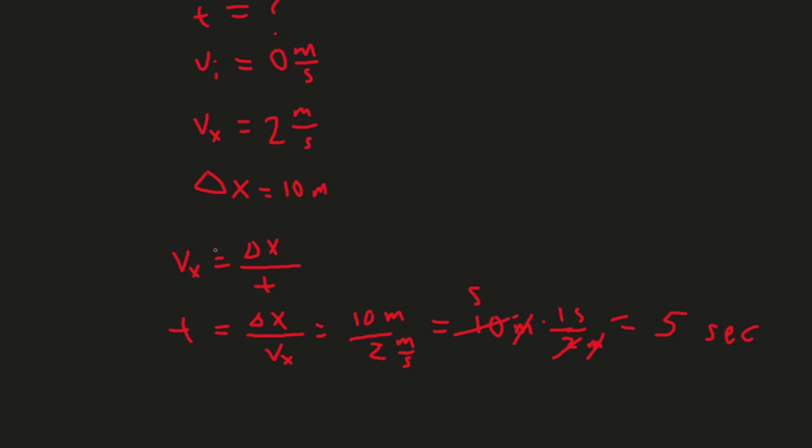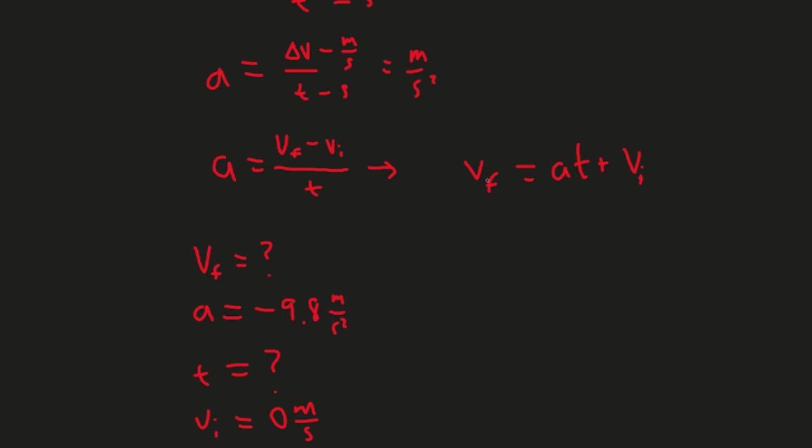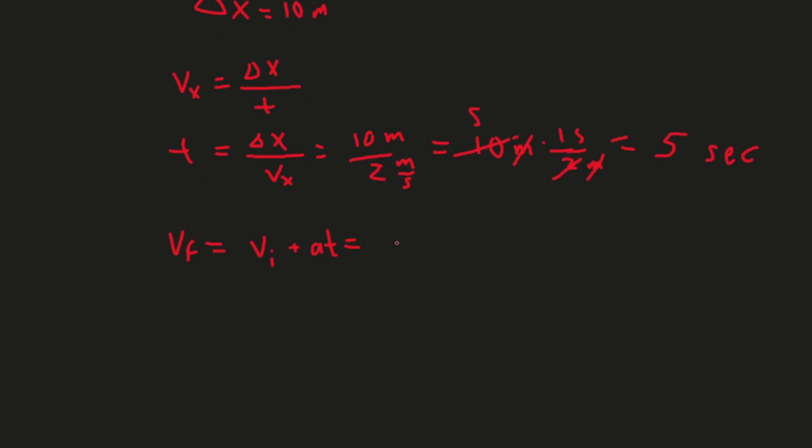And we also know that that point is where the ball hits the ground. So now we can put it into the acceleration formula, the rewritten version. VF equals VI plus A times T. So this equals 0 plus acceleration, negative 9.8 meters per second squared, times time, which is 5 seconds.